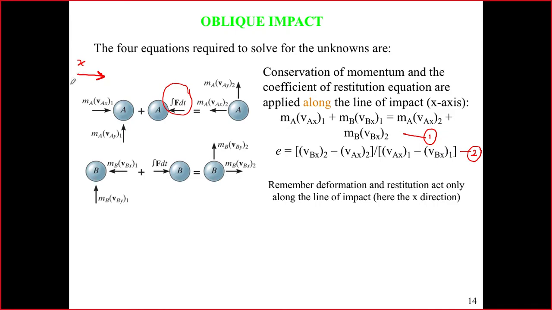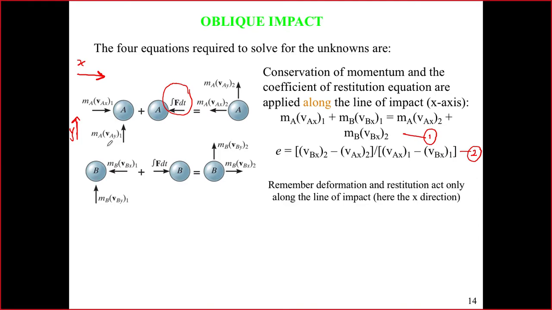Whereas perpendicular to it, along the y direction, if I look closely, there is no internal impulse acting perpendicular to the line of impact. Neither an external impulse nor an internal impulse acts on either of the particles in that direction.